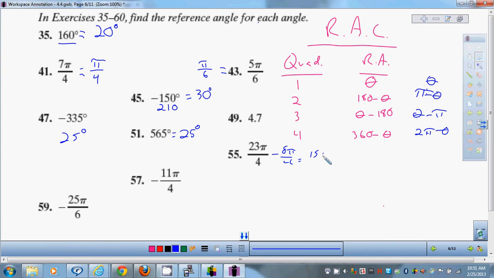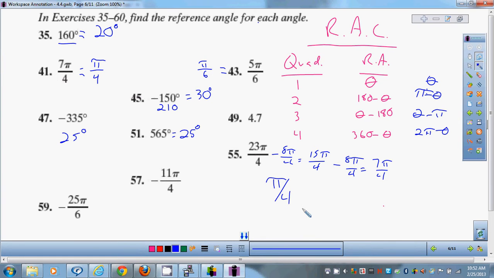Hey, now it looks a lot like number 41. What quadrant is that in? Therefore I use what? Very good. And your reference angle would be, very, very good. Yes, sir. Good question, but I'm going to come back to that one in just a second.